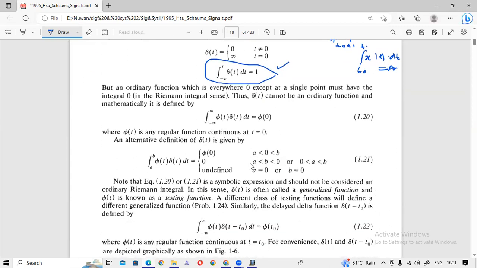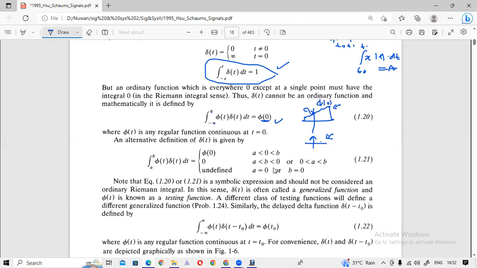And this is another definition. If any function is multiplied by the unit impulse function, and you integrate it from minus infinity to plus infinity, you have only this value, the phi 0 value.